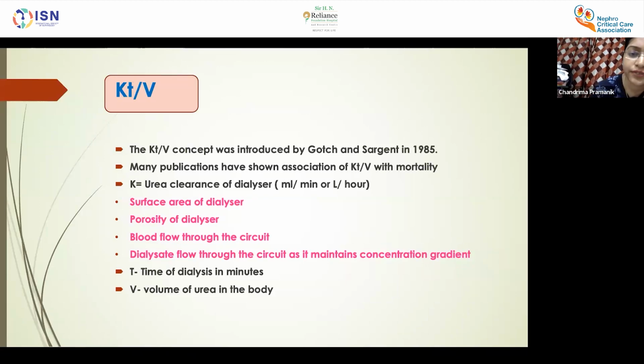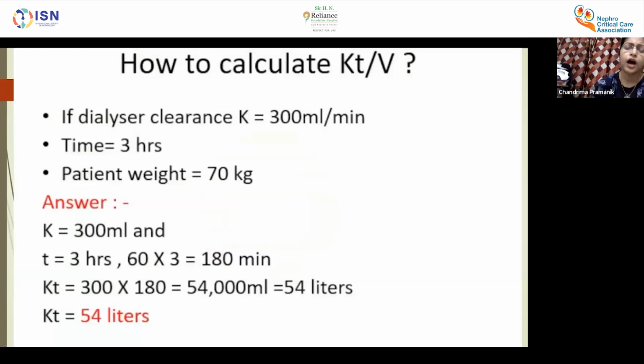It depends on the surface area of the dialyzer, porosity of the dialyzer, blood flow through the circuit, and dialysate flow through the circuit, as it maintains the concentration gradient. Next, T represents the time of dialysis in minutes, and V is the volume of distribution of urea in the body.